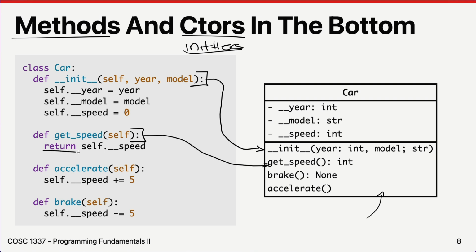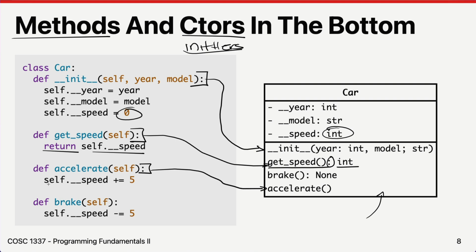And we can see that this returns self.speed, and we know speed is an integer because of this right here. And so getSpeed is the name with the parentheses because it has no parameters, and I'll talk about that in just a moment. Then colon, and then the return value of integer. Then we have accelerate here, which is mapped to this.